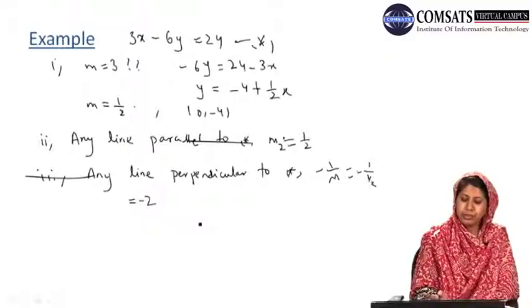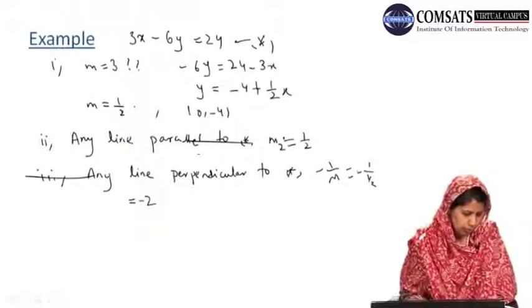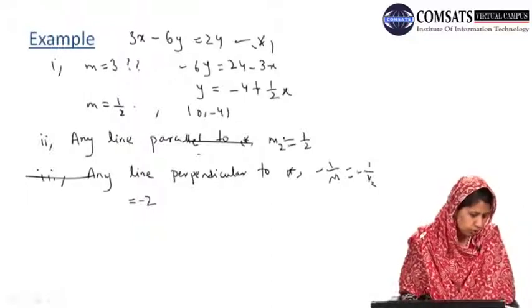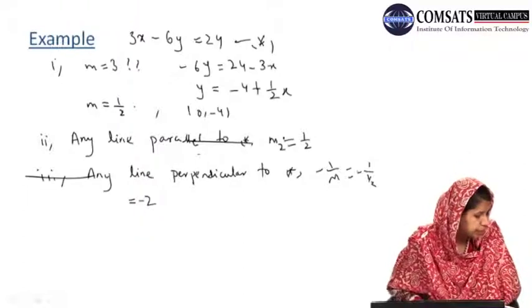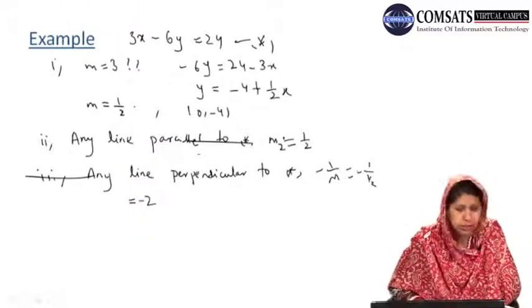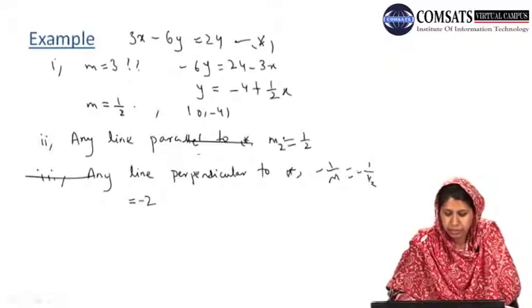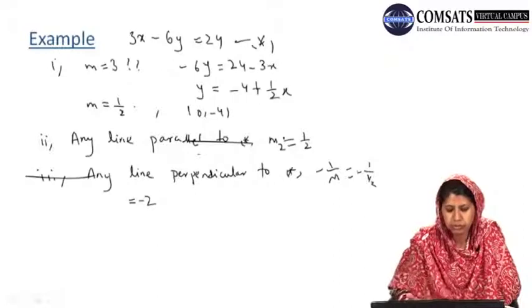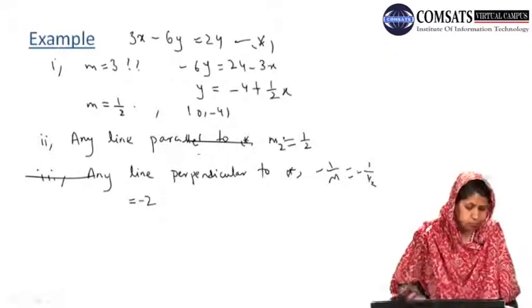So any line having slope minus 2 will be perpendicular to the given line. Okay, now what we are asked further is how many different lines are perpendicular to this line. So there will be an infinite number of lines having slope minus 2 which will be perpendicular to the line having slope 1 by 2.